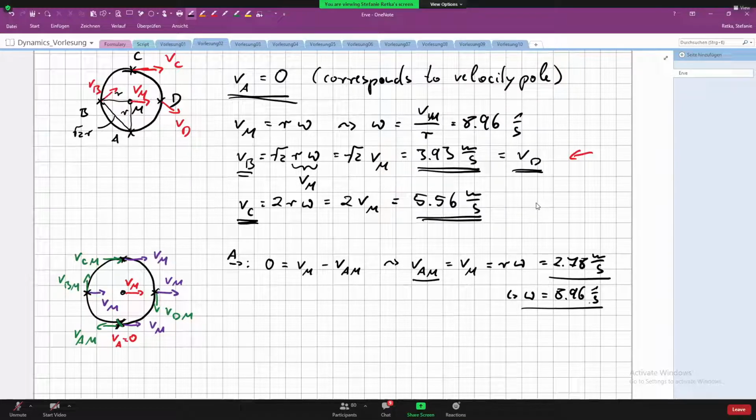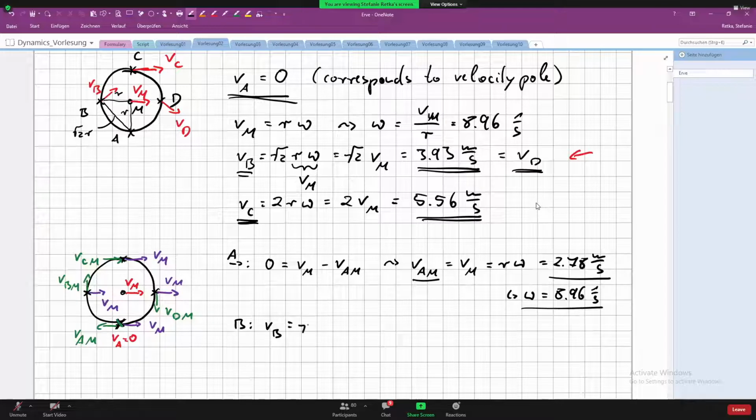Okay, in our second approach, we were also able to compute the angular velocity, and with this we can do our vector addition for point B. VB, simply adding these vectors, green and purple.